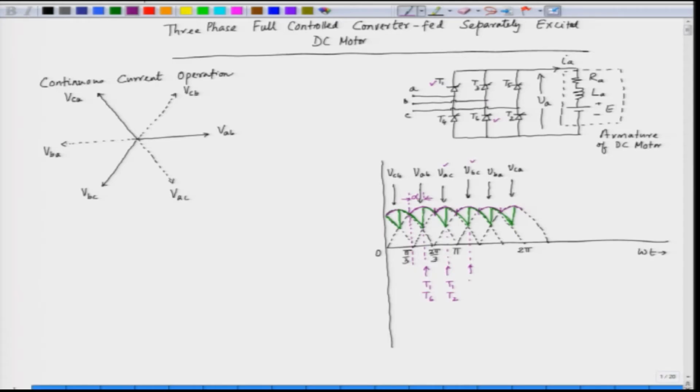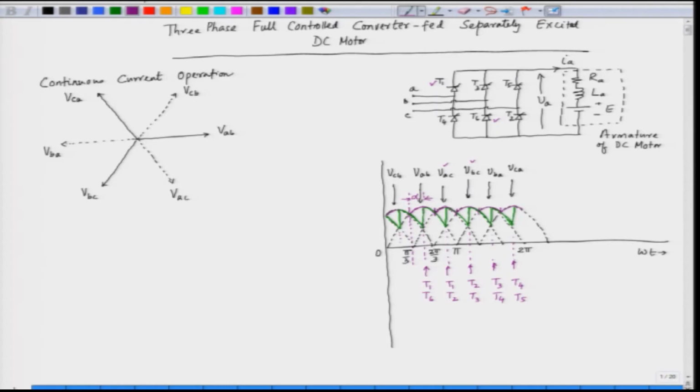So, this is T2 T3, and then at this instant we trigger the next pair. Here VBA is maximum, so it is T3 T4, and at this instant VCA is maximum, so we trigger T4 T5, and so on.